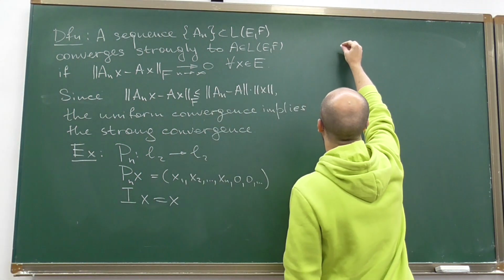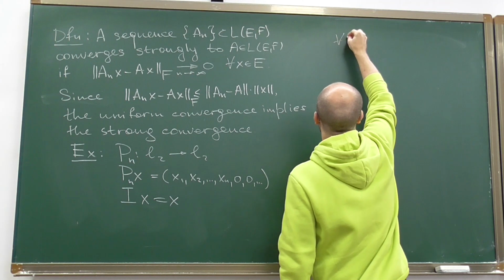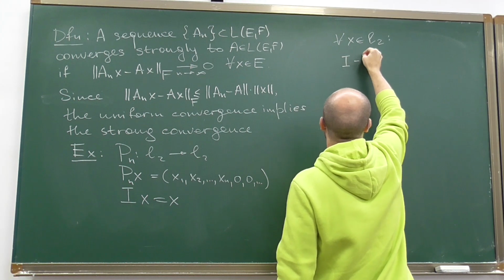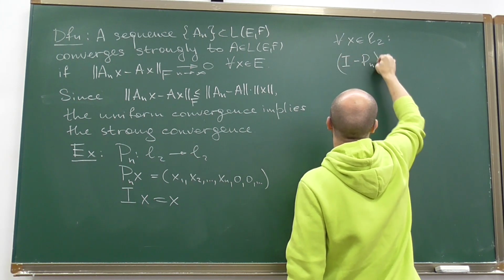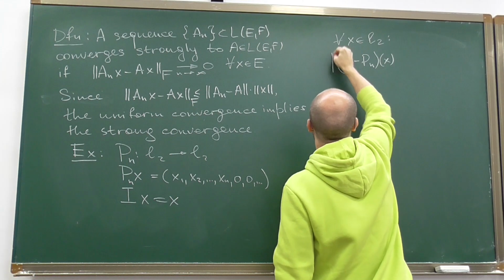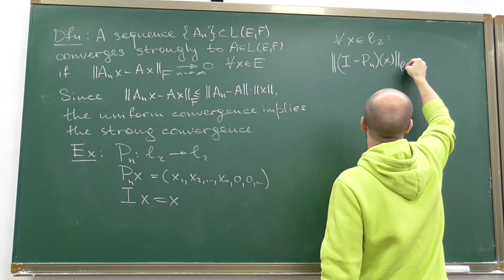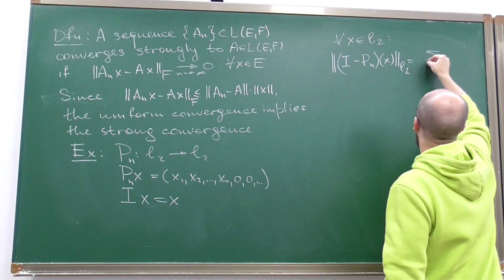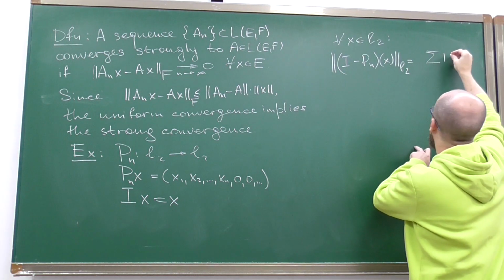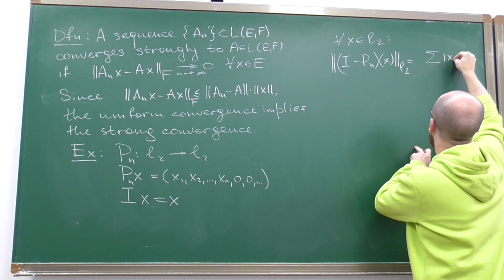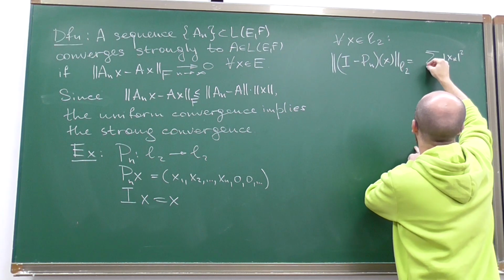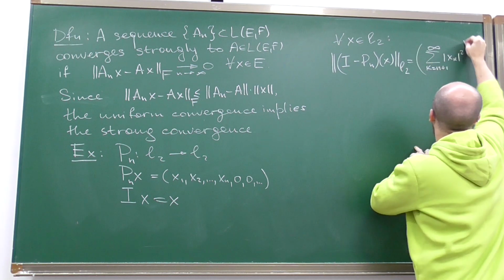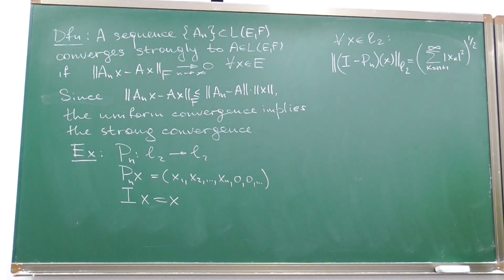Then for every x from l2, the norm in l2 of (identity minus P_n) of x equals the square root of the sum of the coordinates squared starting from n plus 1 to infinity.